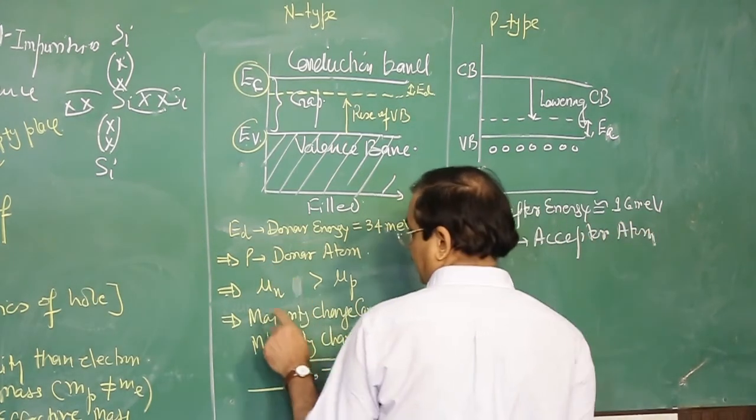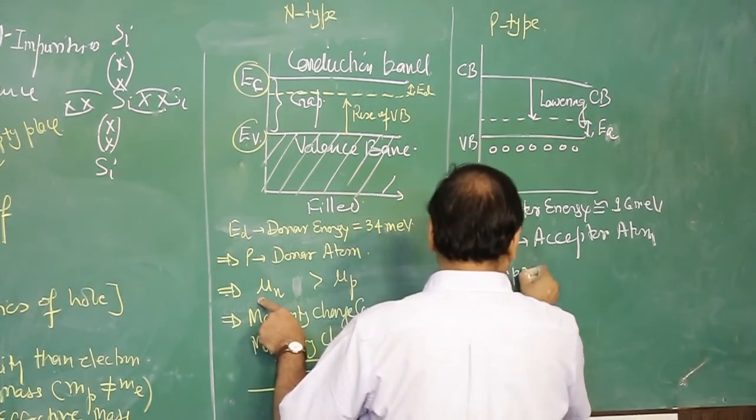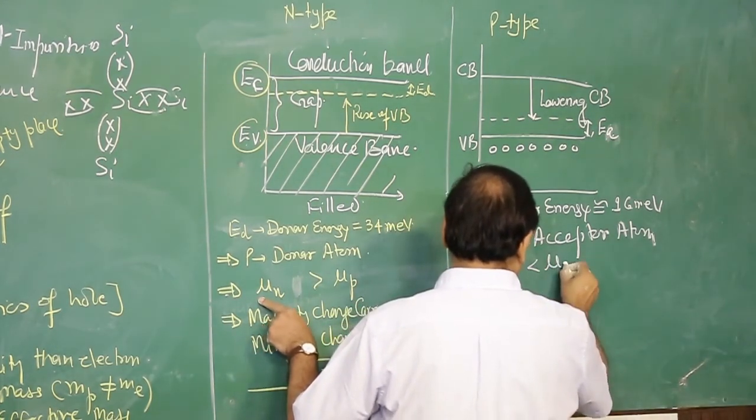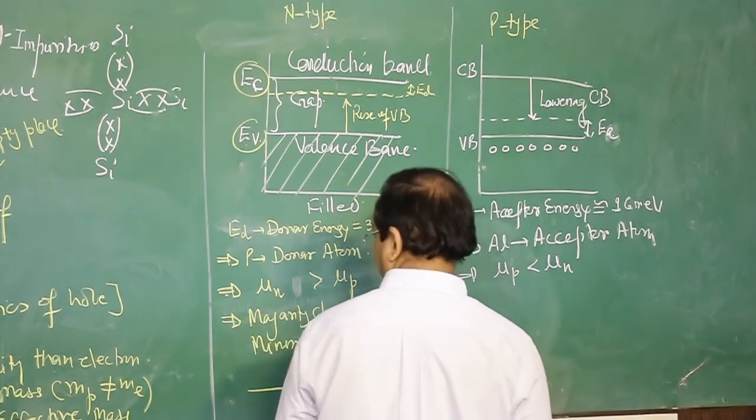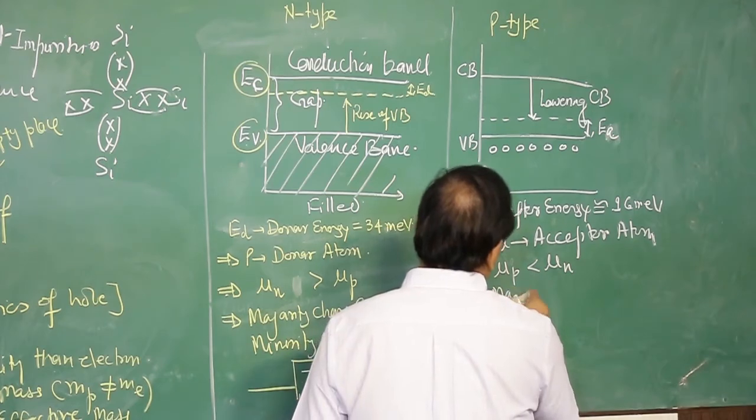This mu of p is less than mu of n, the mobility, and the majority charge carrier is the hole.